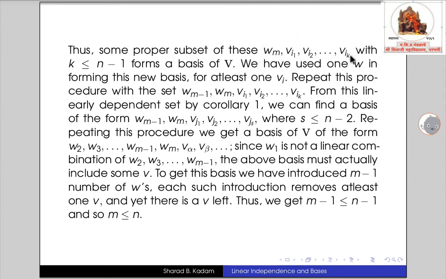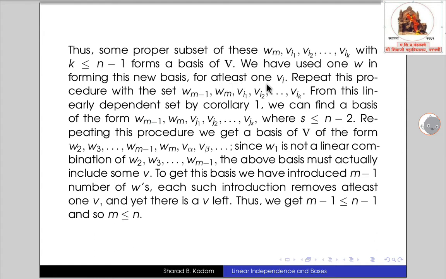This subset wm, v_{i1}, v_{i2}, and so on up to v_{ik}, with k less than or equal to n minus 1, forms a basis of V. So here we have used one w in forming a new basis, removing at least one vi.